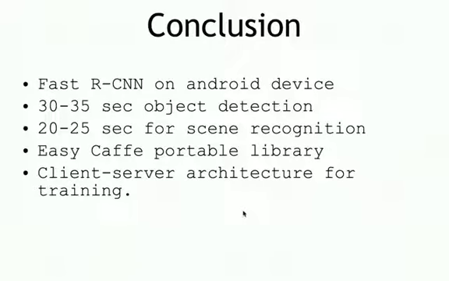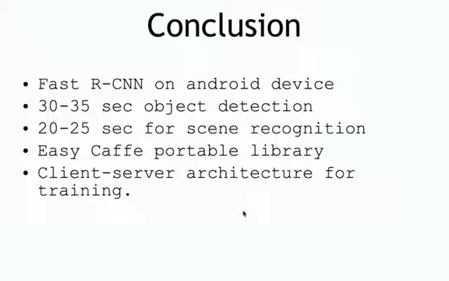So this is Fast RCNN for Android devices, which we can utilize for developing object recognition applications. Object detection for an image takes 30 to 35 seconds, and scene recognition mode takes 20 to 25 seconds for an image to recognize the scene.